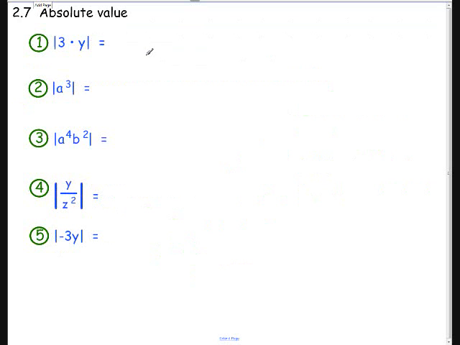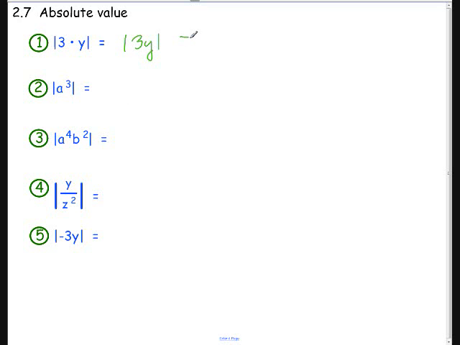Let's work with absolute value for a minute. We're going to multiply these two together, and we'll get 3y. Now, is it possible for us to simplify that any further than that?